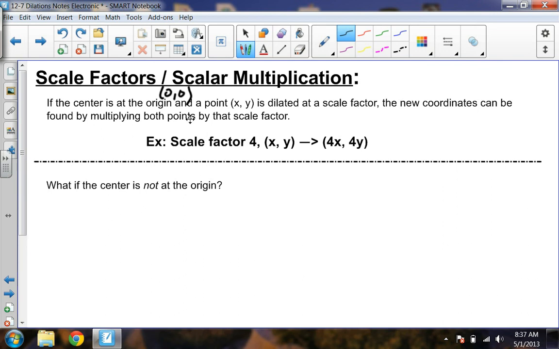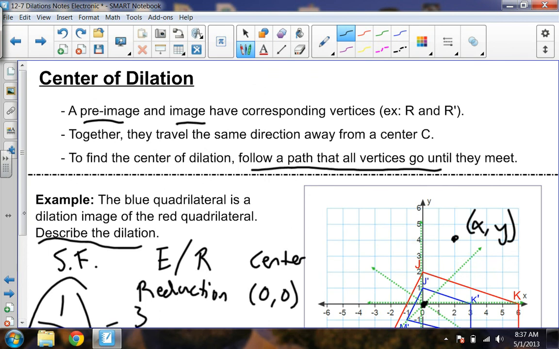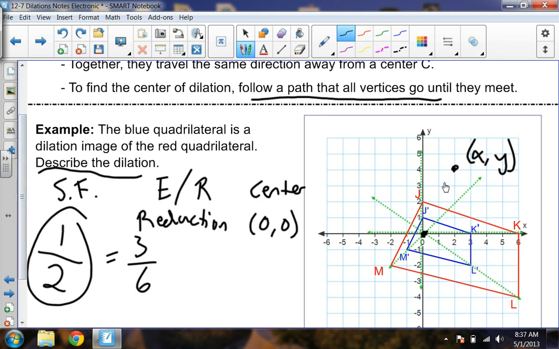Just go ahead and multiply both those coordinates by that scale factor. So example right here, if our scale factor is 4, we have a point x, y. Our transformed image is 4 times x units away from the origin and 4 times y units away from the origin. So if I were to give this example, which I just drew here, my x, y is at 2, 4.